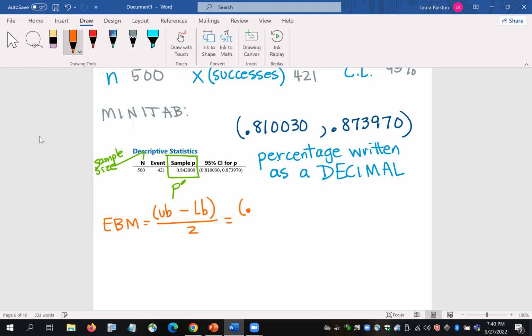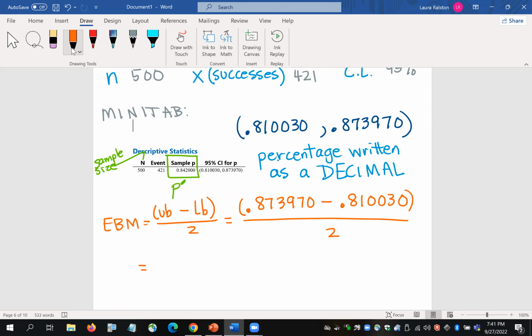Okay, so I have 0.873970 upper bound minus lower bound, all divided by 2.